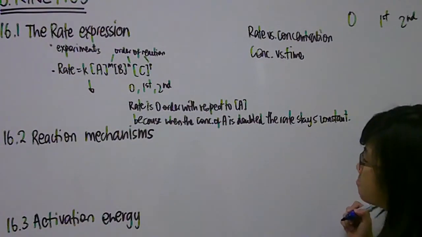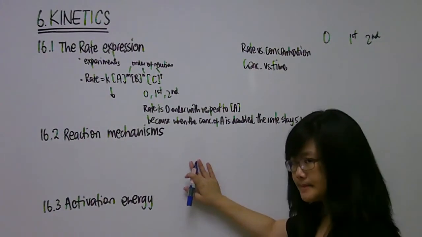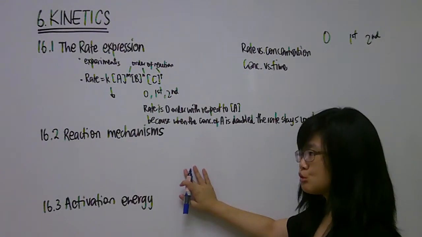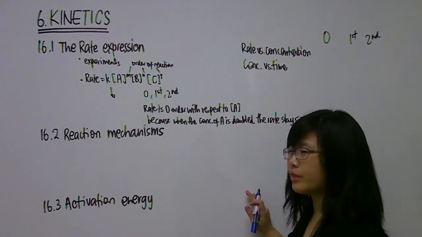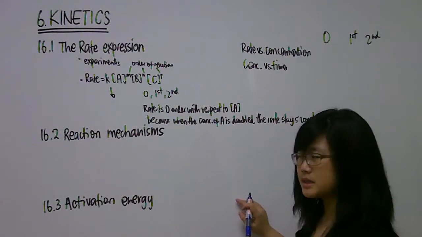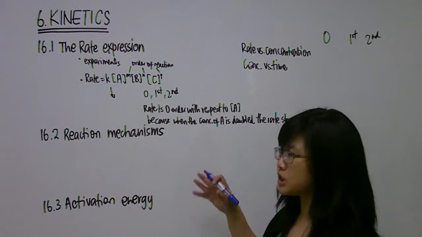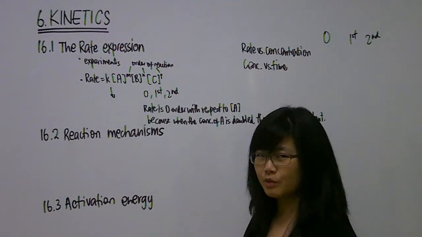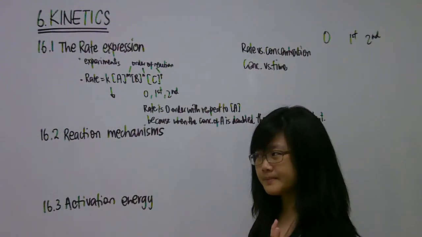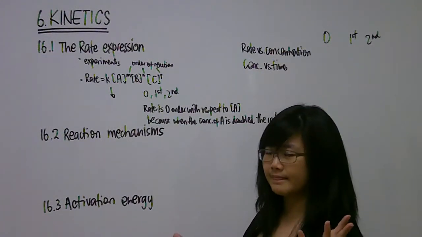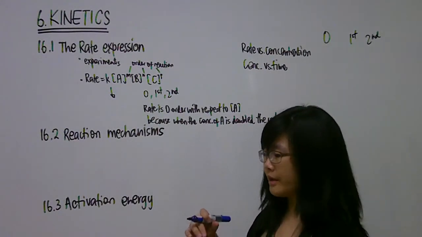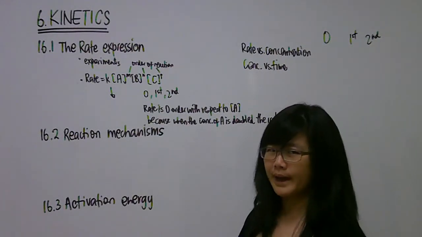Okay, and then in the reaction mechanisms, the students are supposed to come up with a possible mechanism for the reaction. Okay, this is usually a chapter that the students are very confused with because it's very broad and there is not only one correct answer.